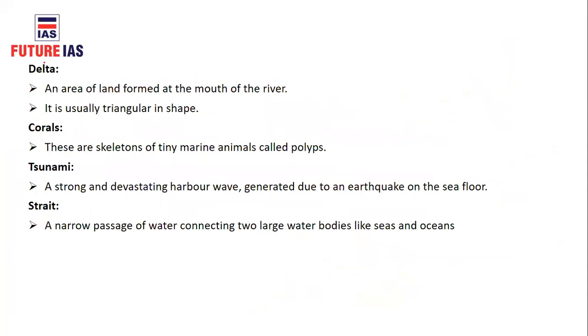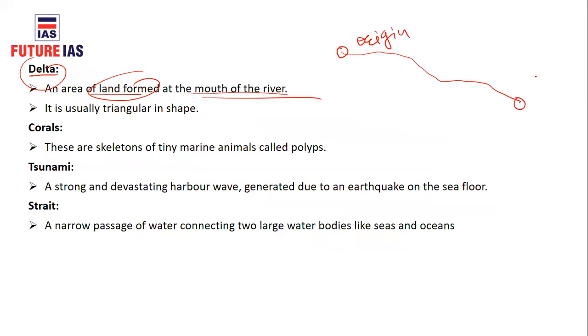All right. Delta, the area of land which is formed at the mouth of the river. So for example, if this is a river, this is the origin, and this is the end. And for example, this is the river course.